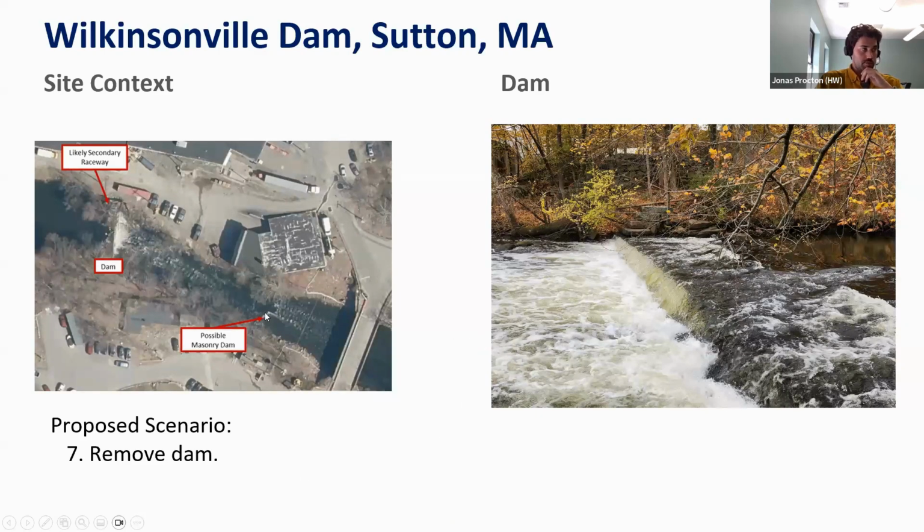There might be the remnants of another dam downstream, but at this point, that dam is fully disassembled to the point that it doesn't really impact flow or habitat and recreational connectivity. So we're not focusing on that downstream one, just this upstream one.